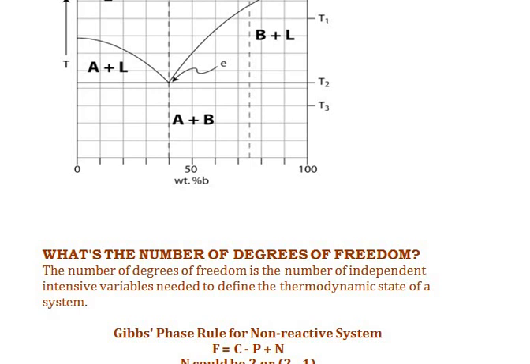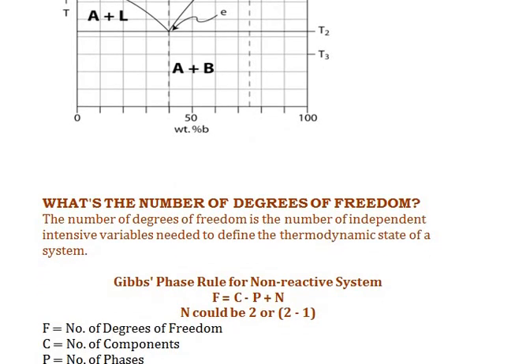It goes thus: to calculate your number of degrees of freedom, which is represented by F, you equate it to C minus P plus N. Usually N could be 2 or 2 minus 1, which is 1. So in some cases you use N as 2, and in some cases you use it as 1. But what's C, what's P, what's N, and how do we get them from this diagram?